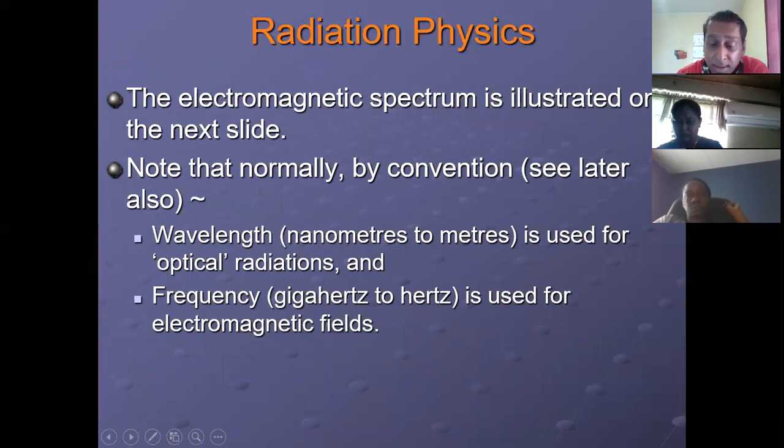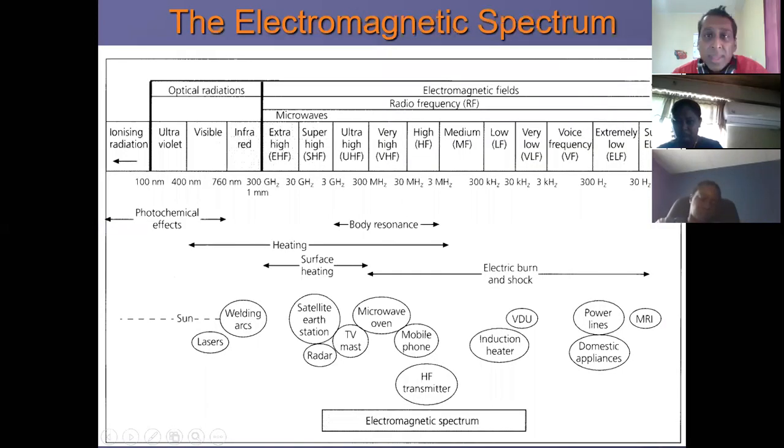And when you look at it, you see it here, the electromagnetic spectrum. And I guess if you look at it, you'll be able to figure out that on this side here, from ultraviolet, way down to the end here, this is what we call non-ionizing radiation. All of these here, non-ionizing radiation, right?